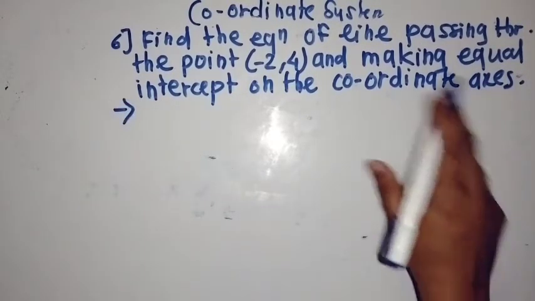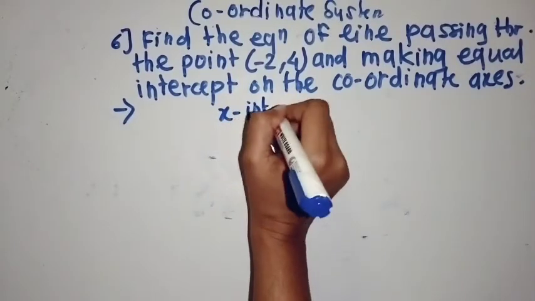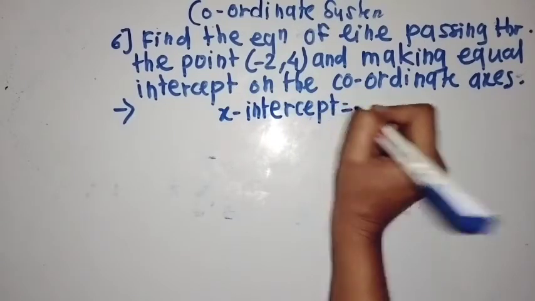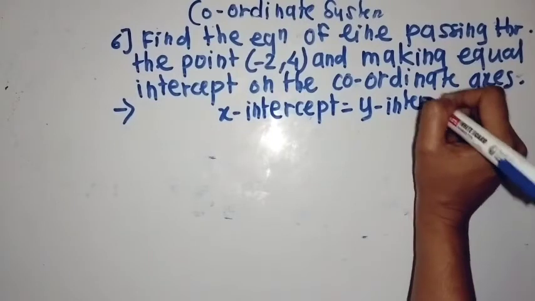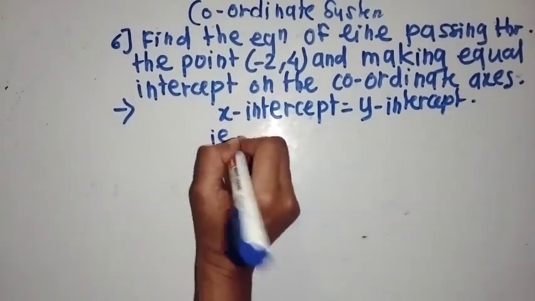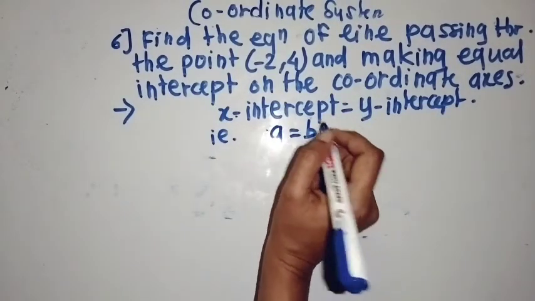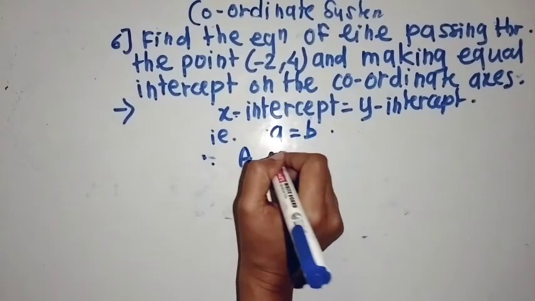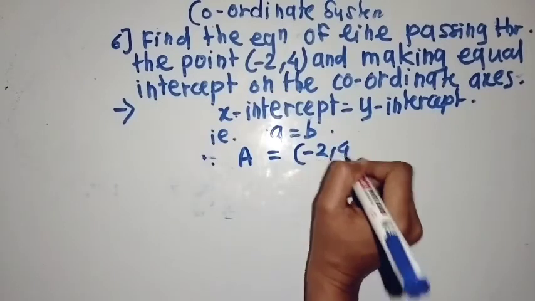First, making equal intercepts means x-intercept is equal to y-intercept, here a is equal to b. The given point A is minus 2, 4.